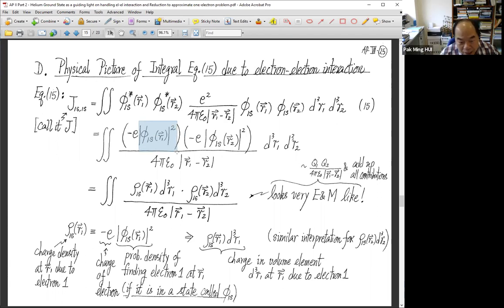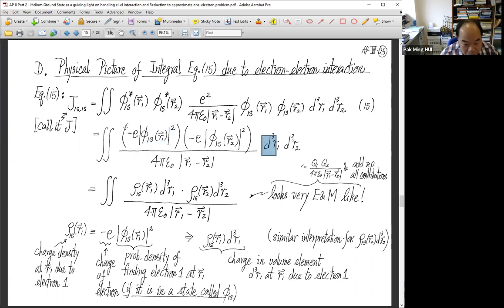The wave function of r1 squared times this tiny volume element, d^3r1, this times that is the probability of finding the electron labeled by r1 at the location r1, in the volume element d^3r1. That is Born's interpretation of the wave function.